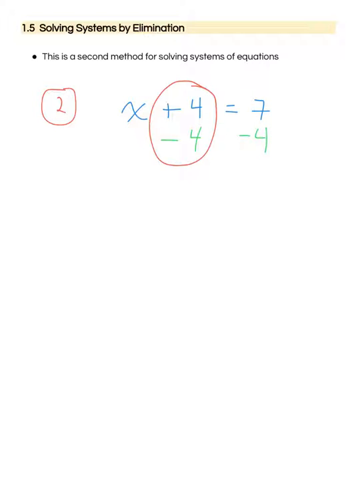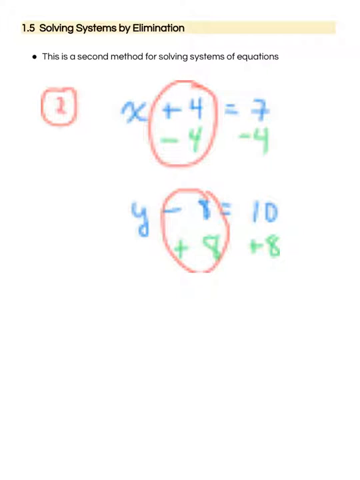Now by the same token, I could also say, okay, well, y minus 8 equals 10. So in this case, I would want to add 8 to both sides in order to be able to eliminate the negative 8.